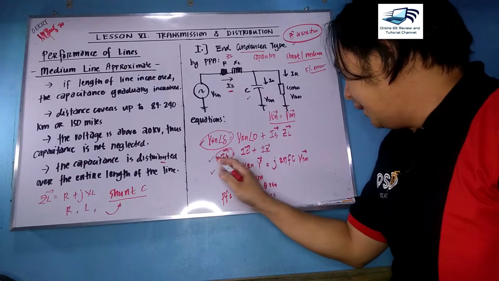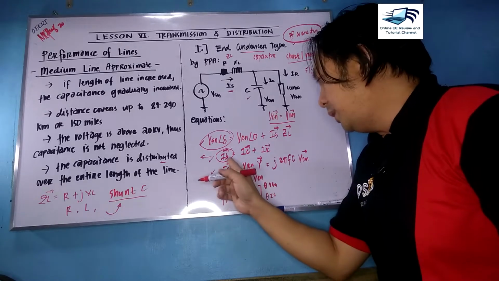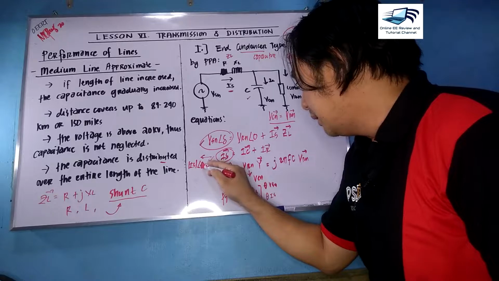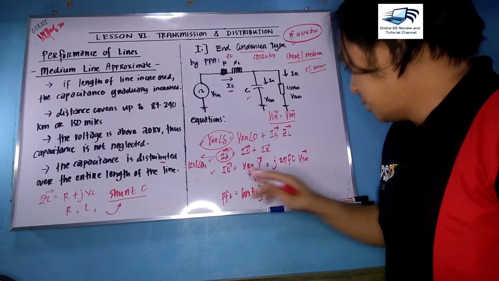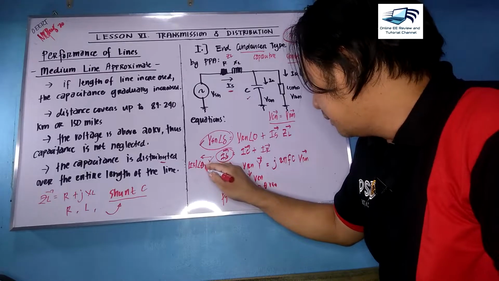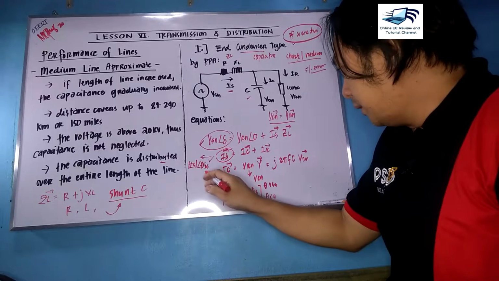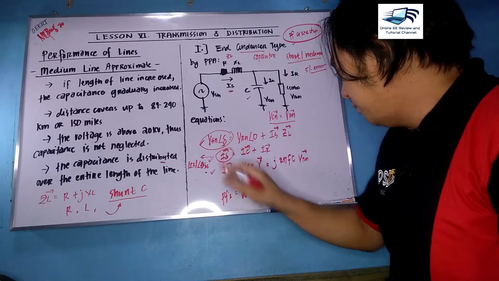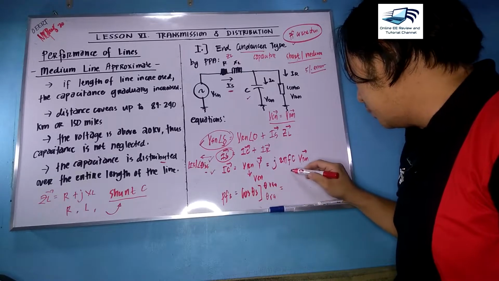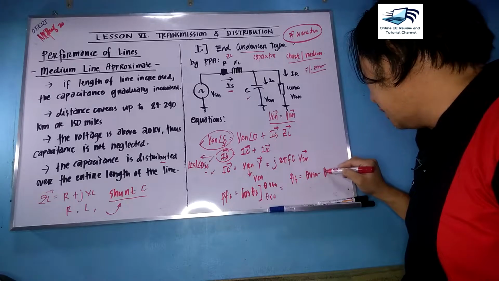For example, you have your IS magnitude at angle theta IS. Whatever your theta IS is here and whatever your alpha is here will be your angle theta S, wherein theta S is simply theta VSN minus theta IS.